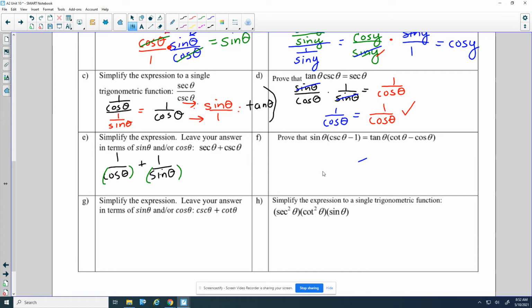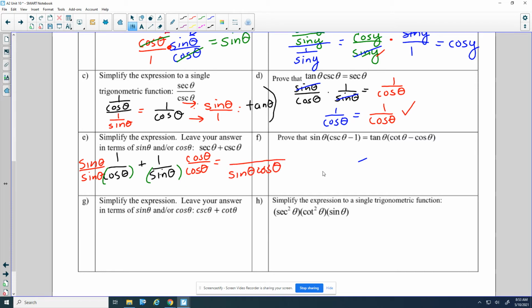My first fraction is missing the sine theta. So I'm multiplying by sine theta over itself, and my second fraction is missing the cosine theta. Okay. Now, we're going to have a common denominator of sine theta, cosine theta. So I'm actually going to do the adding as I write that.